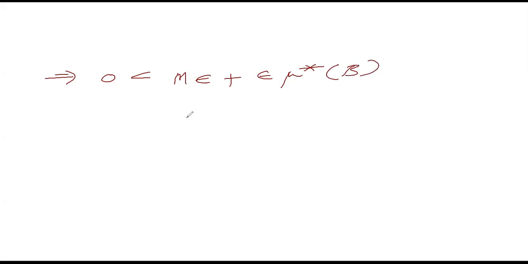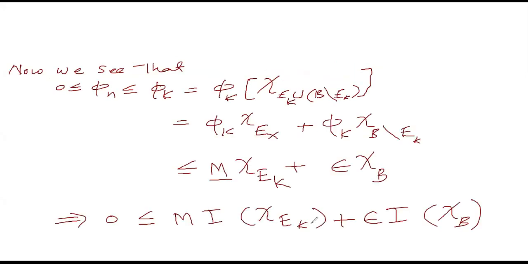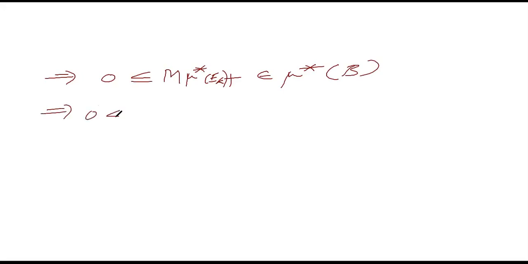I want to add one more step here: 0 is less or equal to m times mu star of ek, because this integral of chi of ek is equal to mu star of ek. Now this implies 0 less or equal to m times epsilon, strictly less than epsilon, plus epsilon times mu star of b.